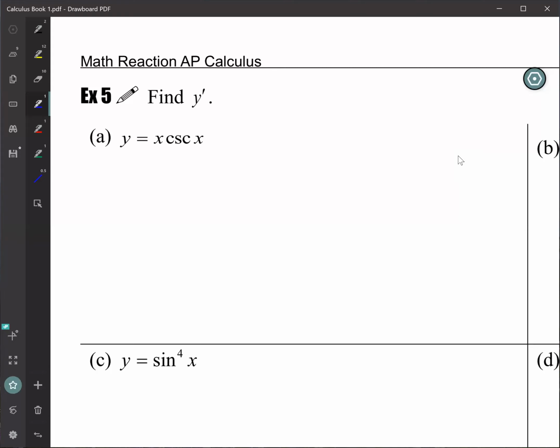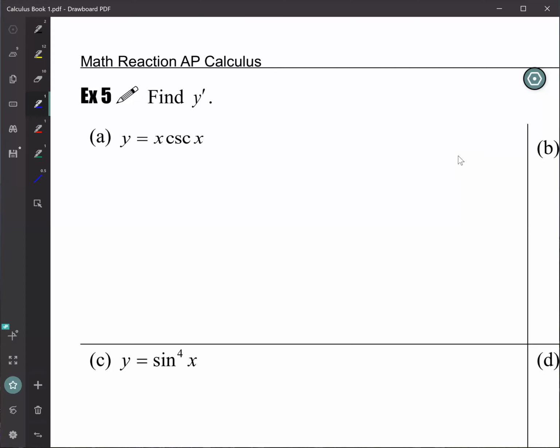Negative cosecant squared. Mm-hmm. Cosecant prime is negative cosecant tangent. Can you say one more time? Cosecant cotangent. Yes. Okay.